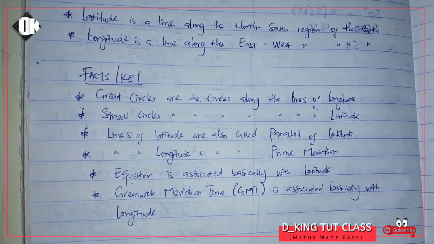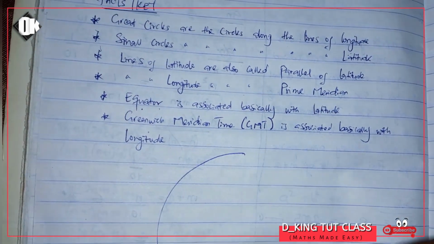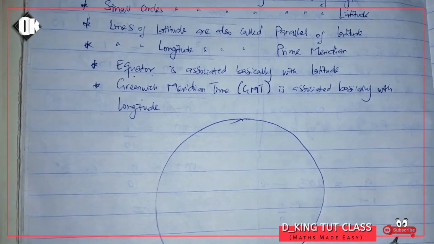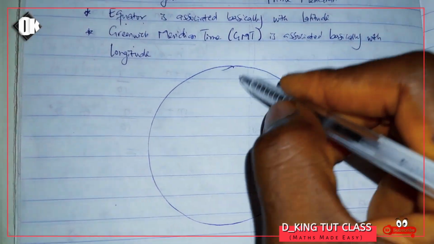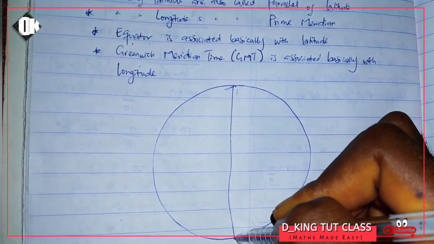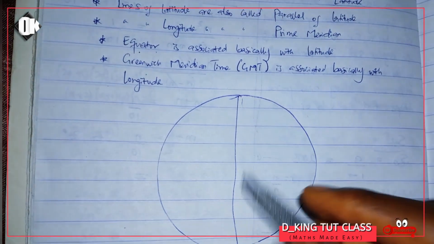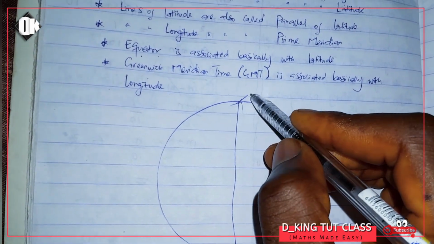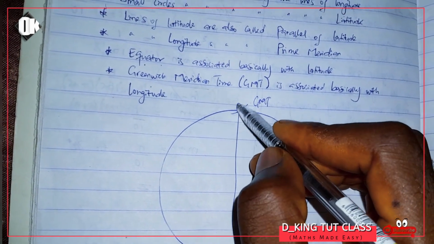Now, specifically, what are we saying? If I have a sphere as this, this is my sphere. This line that cuts this sphere into two equal parts from the top down is called my GMT. And at this point, I have 0 degrees.